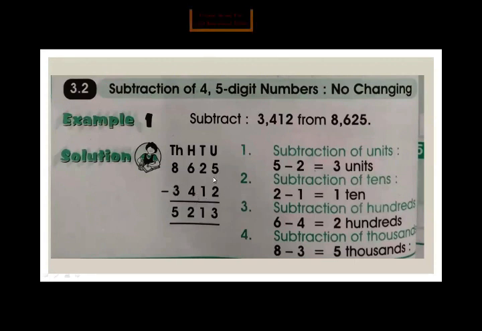Now you know that starting from units, 5, 2. 5 is bigger than 2, easily subtract. 5 minus 2, 3 units. Now comes to tens, 2 is greater than 1, easily subtract, no need of borrow. 2 minus 1, 1. Hundreds, 6 minus 4, 2. 8 minus 3, 5. 5,213. This is the difference of example number 1.